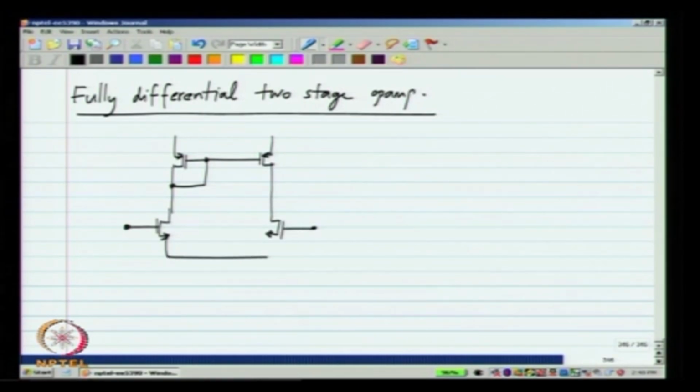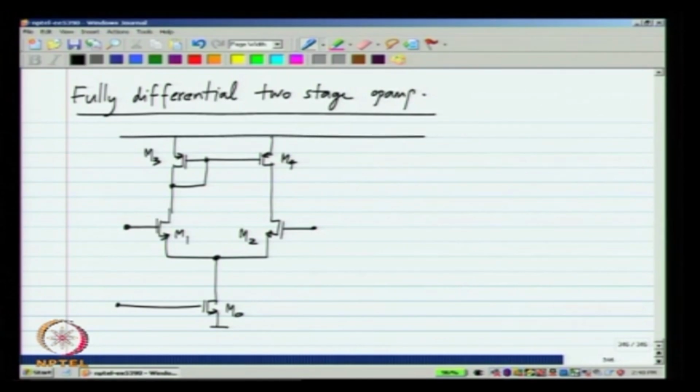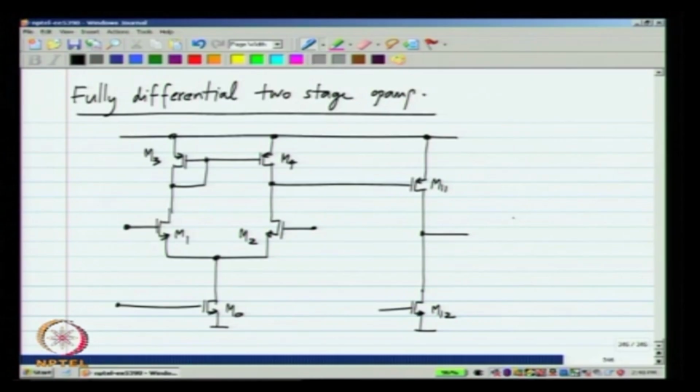This is the first stage with a differential input, and the second stage is a common source amplifier. And we can connect some load to this point.